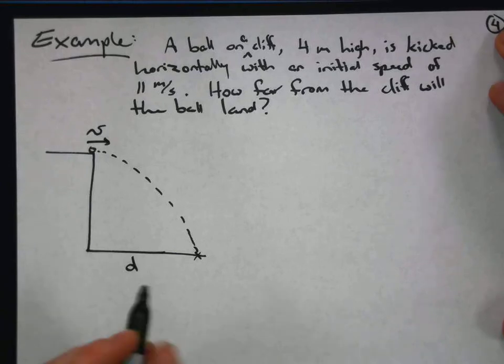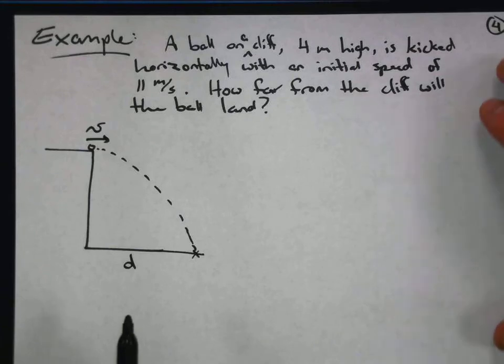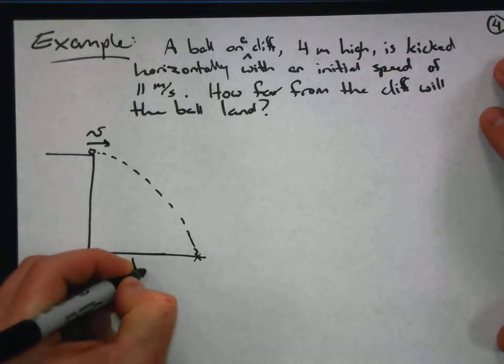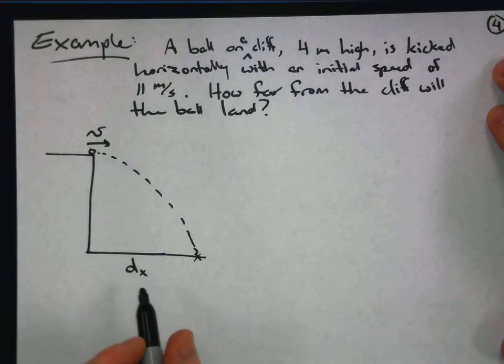There's some things that are important here, and this is going to be more notation than we used in Chapter 3, because this distance is horizontal, so I'm going to put dx. That's a subscript. For those of you in advanced math, particularly calculus, you're going to see dx all over the place. This is not the same thing. That's a subscript x.